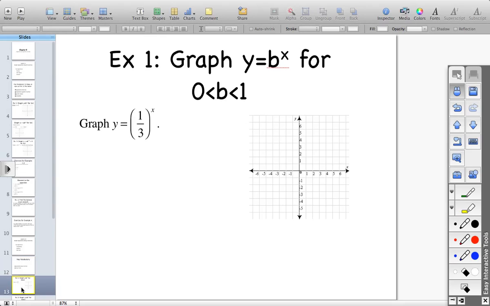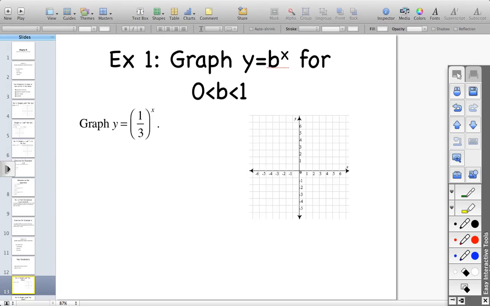All right, our first example is graphing y equals b to the x for 0 is less than b is less than 1. So right away, this is what we're seeing as the difference. Instead of b being greater than 1 for the growth functions and our growth factors, that b is this factor.